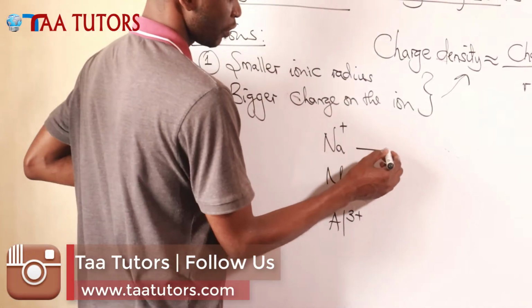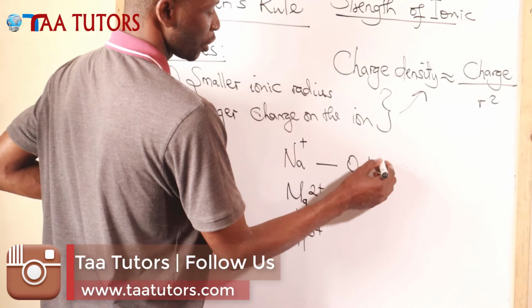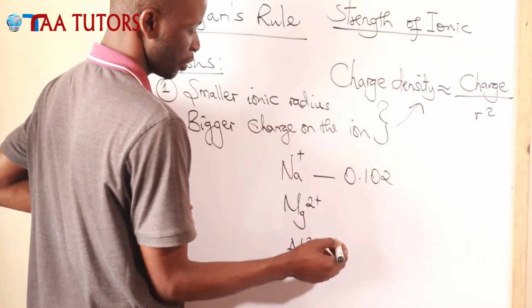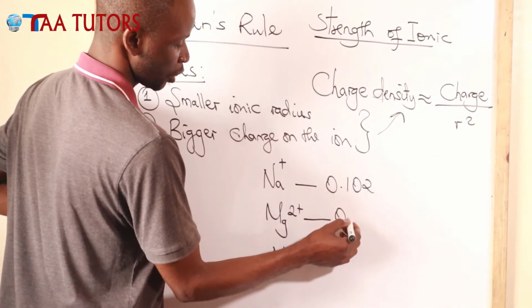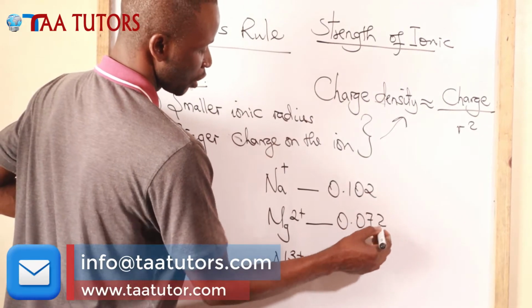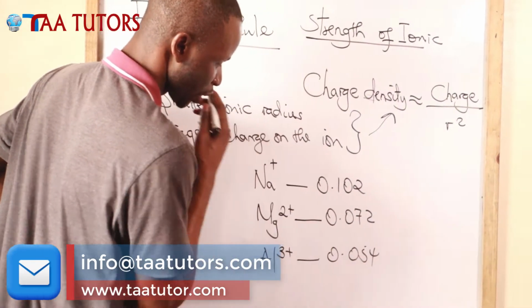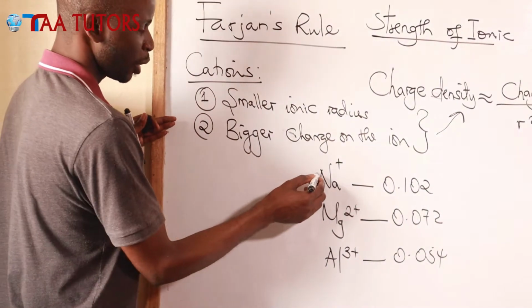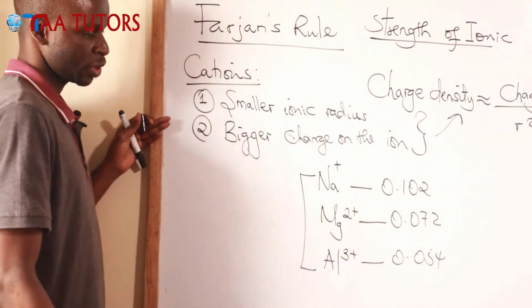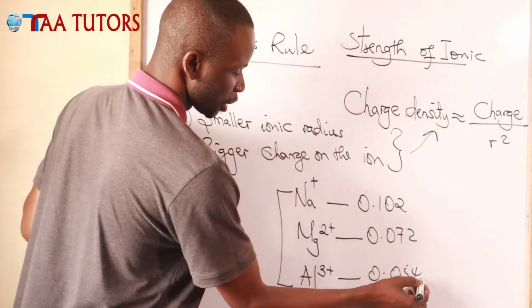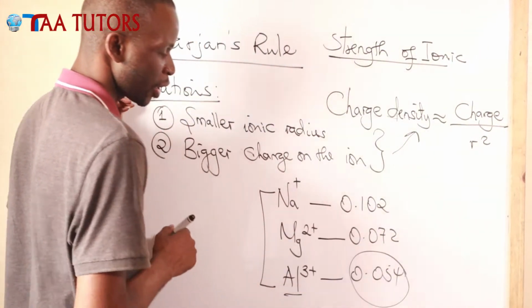Sodium here should have around 0.102 as the ionic radius. This one should be 0.072. This one is 0.054.